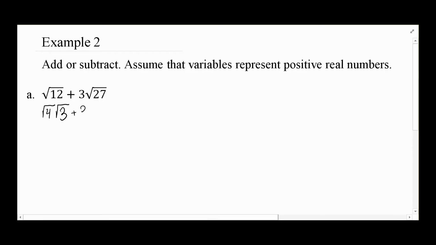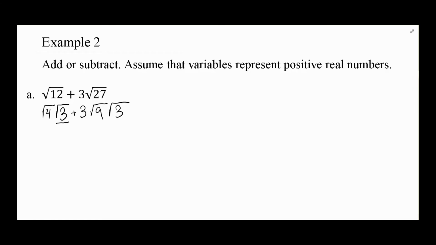So of course my 3 is going to copy down, but as I'm looking at 27, if I'm going to have like radicals, then they're both going to have a root 3 in them. So that kind of gives me a hint that it must be 3 times 9. This isn't always going to work, but it's a great place to start.